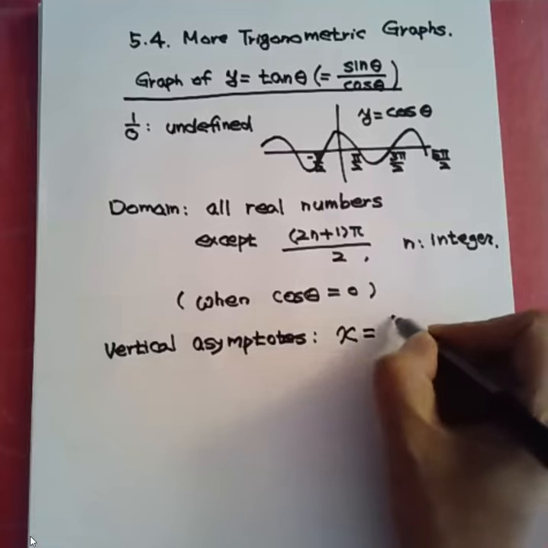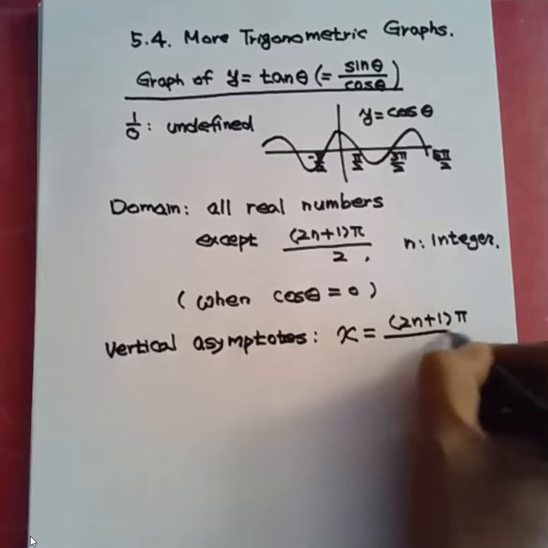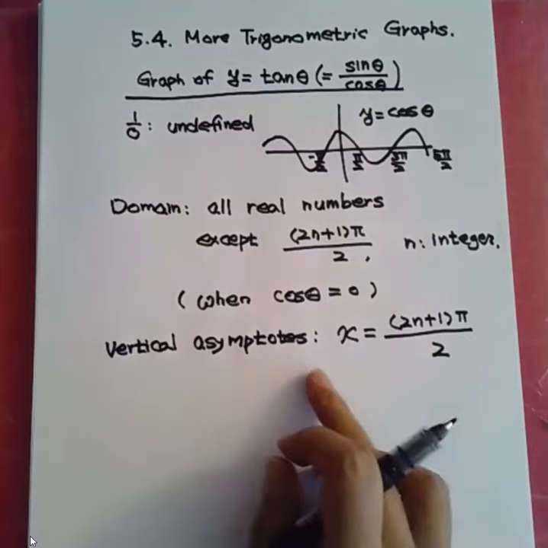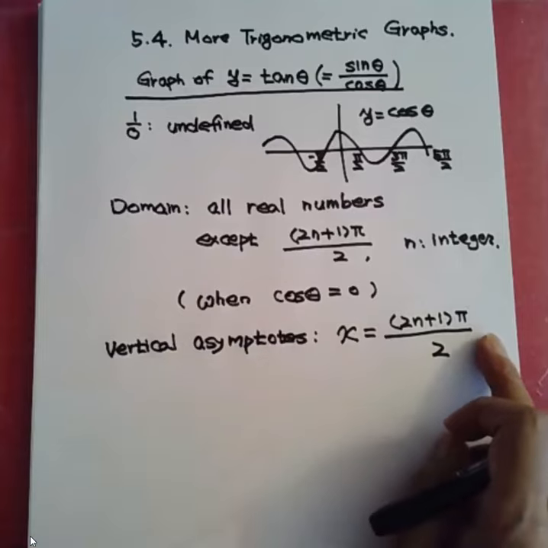X equals 2n plus 1 pi over 2. This x equals this one is the equation of the vertical line.